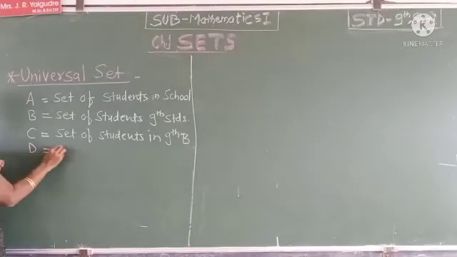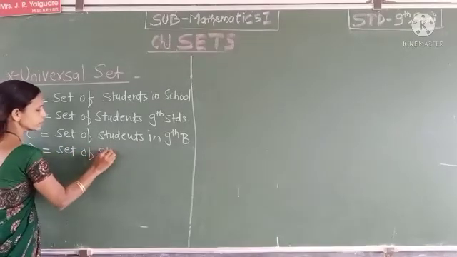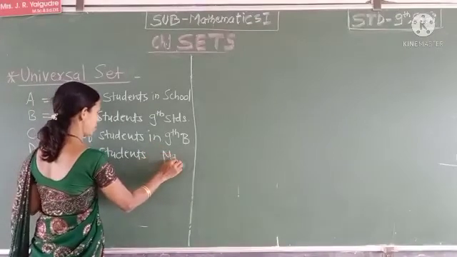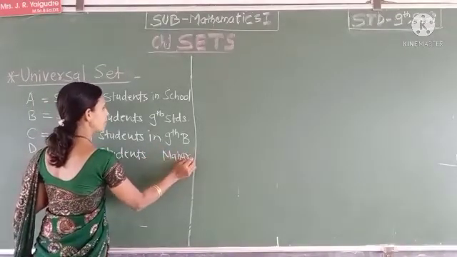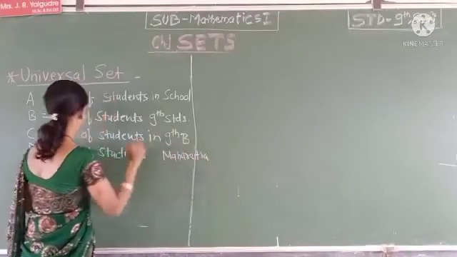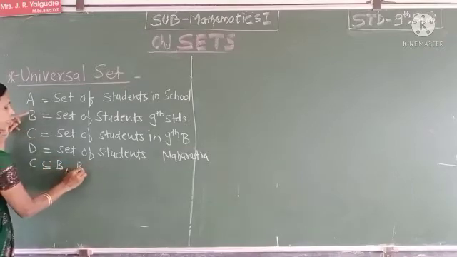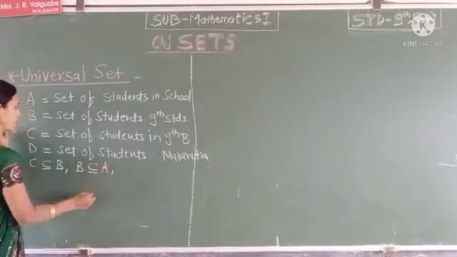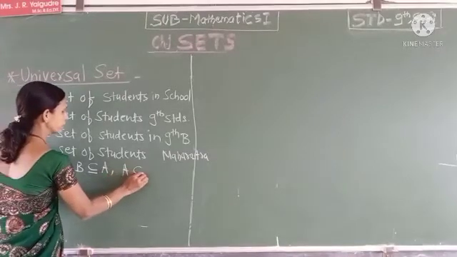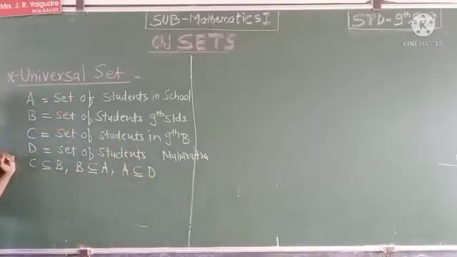And if D is a set of students of Maharashtra, then see here, C is a subset of B, B is a subset of A, and A is a subset of D. That means from these 4 sets, D is the biggest set.